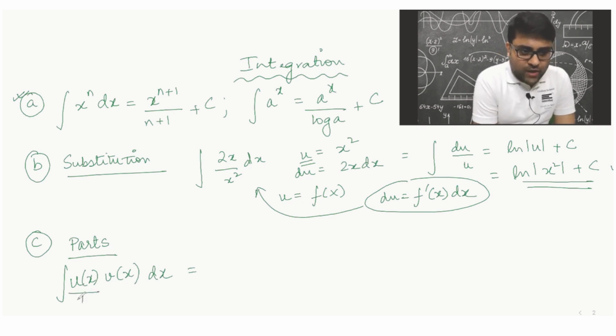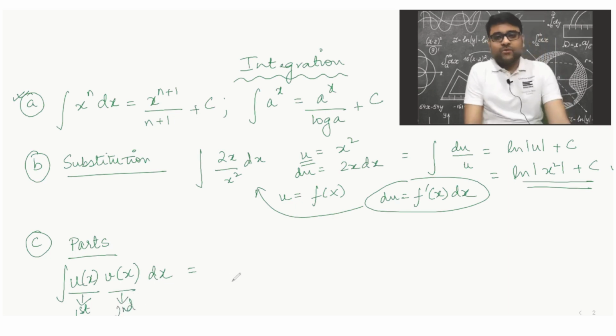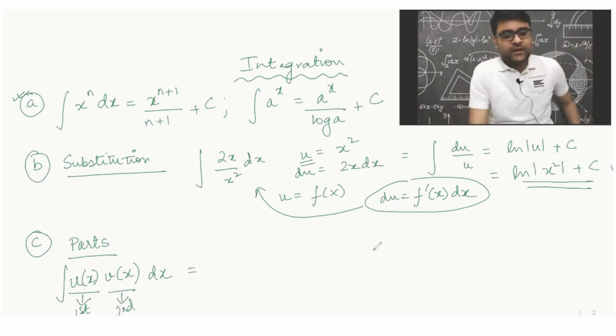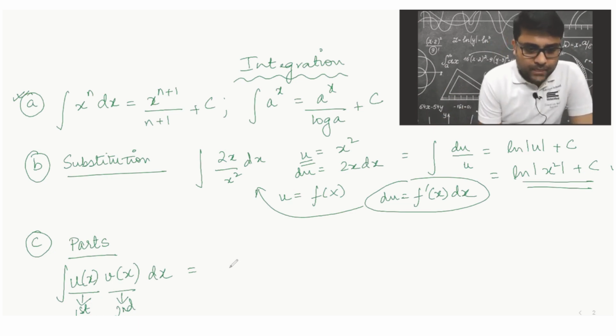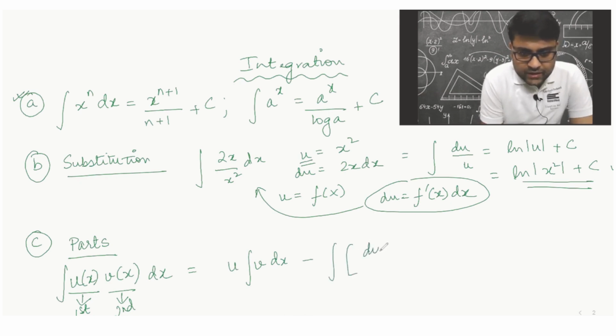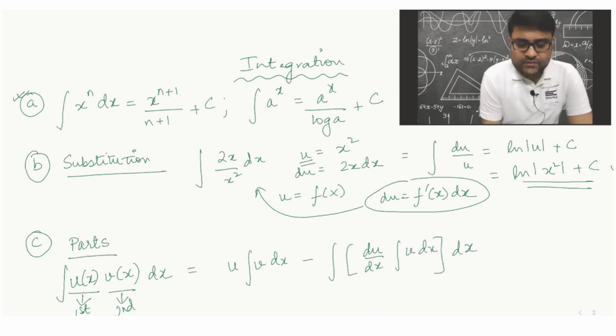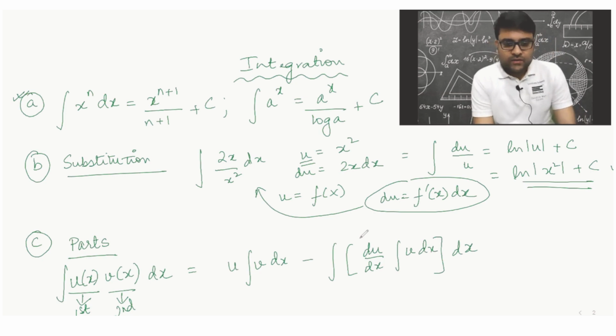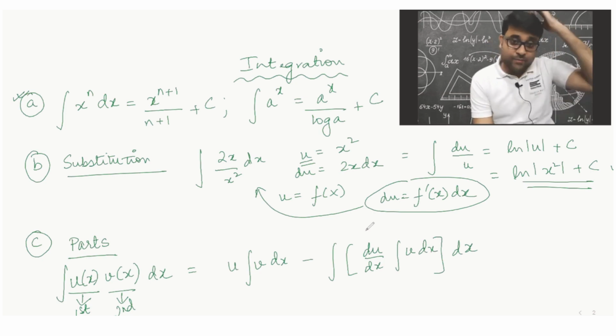I'll call u as the first function and I'll call v as the second function, and I will be able to write down the integration in this way: u integration v dx minus integration of du dx times integration v dx, whole dx. Okay, so this is integration by parts.